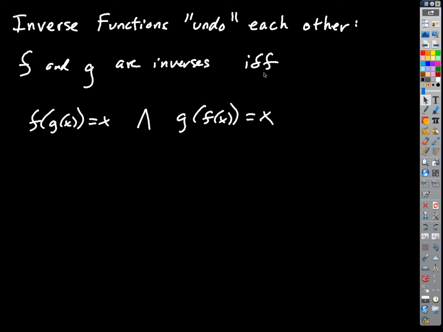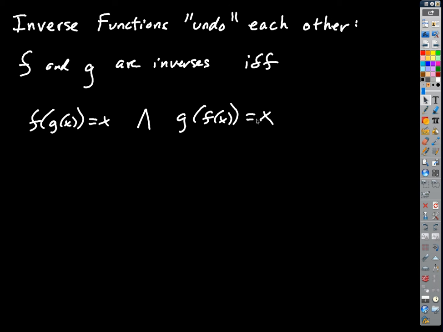You might remember that from geometry. If and only if means the statement can go in both directions. I could say f and g are inverses if this is true, or reverse that and say this is true if f and g are inverses. Both statements have to be true for this relationship to hold.